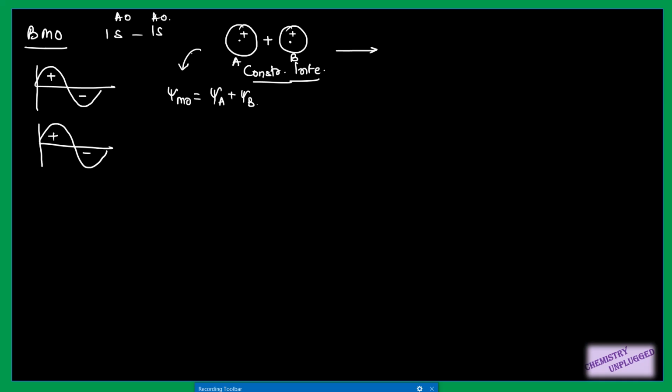Now we want to determine the electron density between this internuclear distance, so we have to take the square of it, because we are going to decide what its electron density will be. When we square it and open it, you will see that there is a net increase in the wave function, right? So they are mixing together constructively, and this value decides that there is an increase in electron density between your internuclear distance.